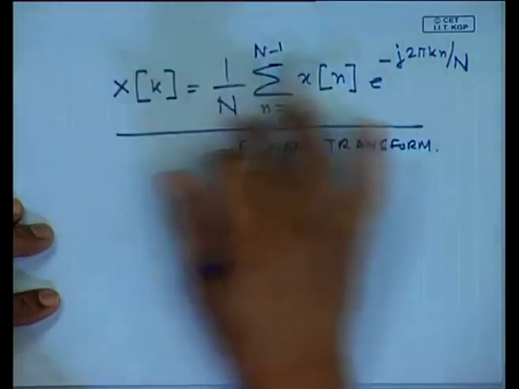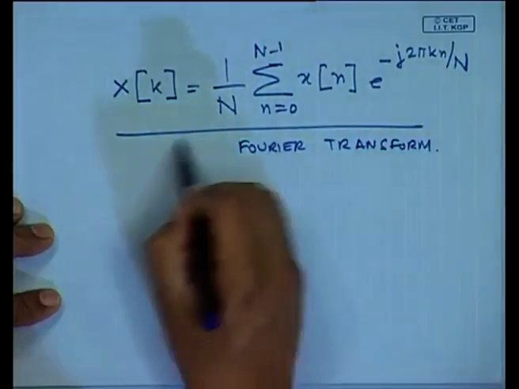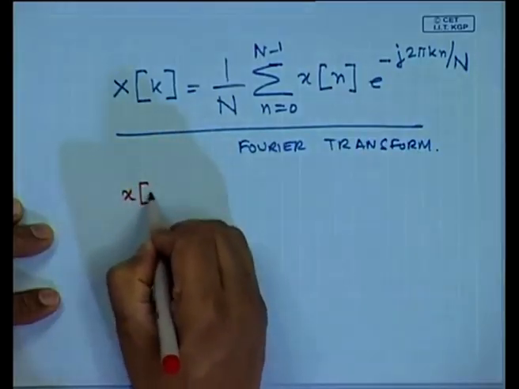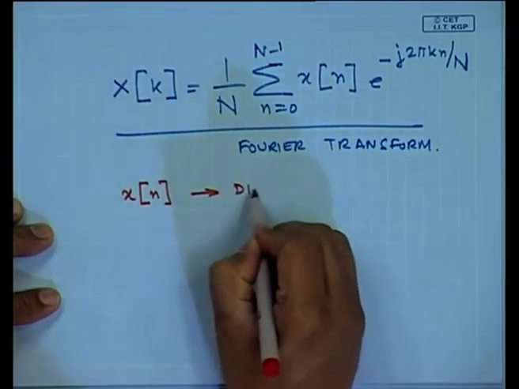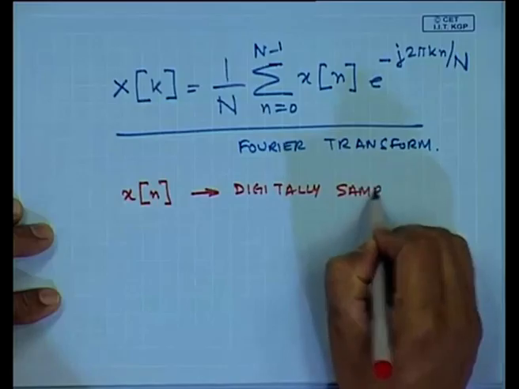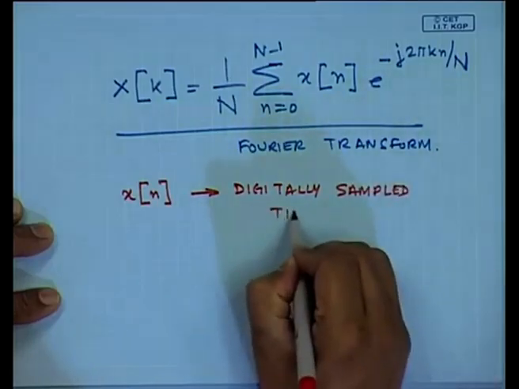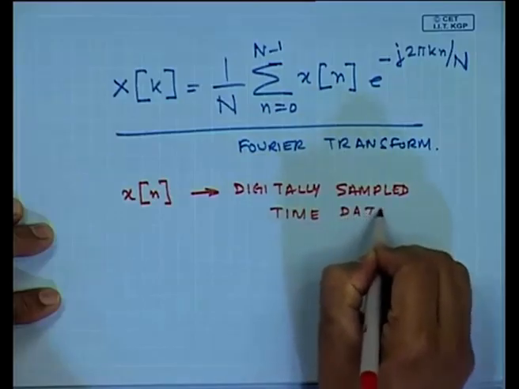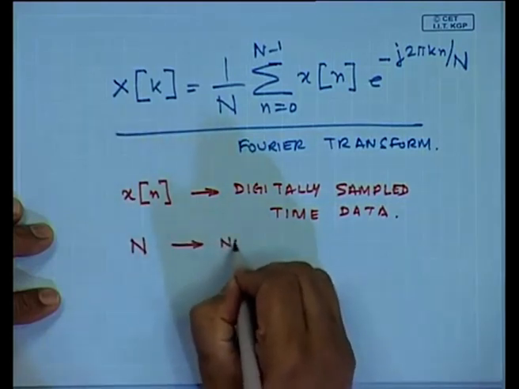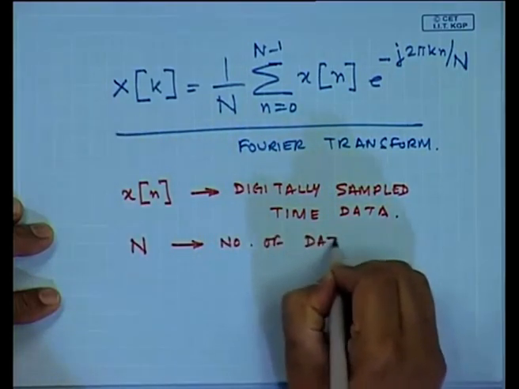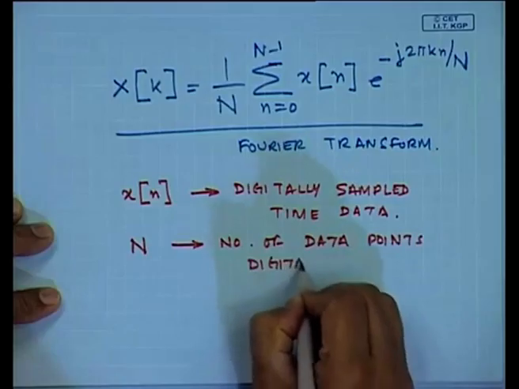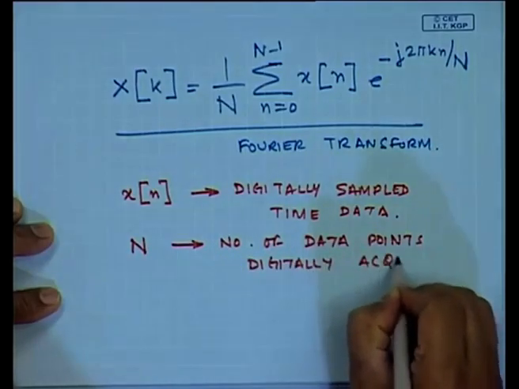So, this can be very easily implemented in a computer. These x n are the digitally sampled time data, capital N is the number of data points digitally acquired.